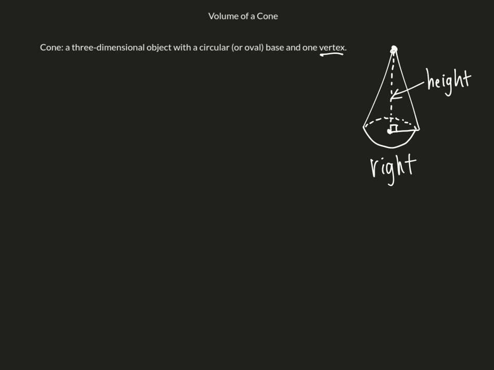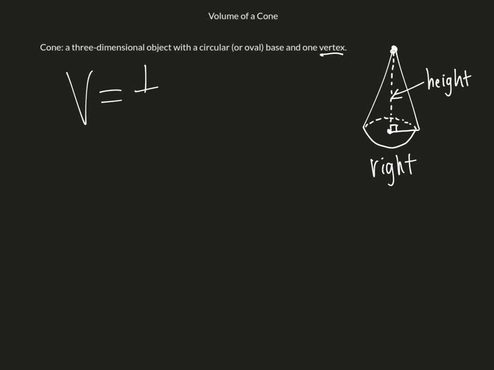So now for the volume. Well, if you'll remember, the cylinder volume was capital BH. Do you remember how the pyramid related to the prism? If you'll remember that demonstration of filling up the pyramid, how many times to put it in the prism? Well, the same concept is true of the cone.